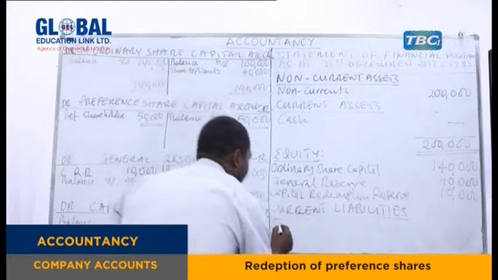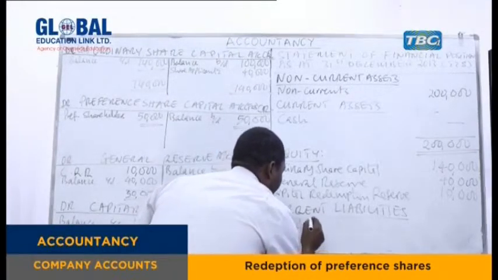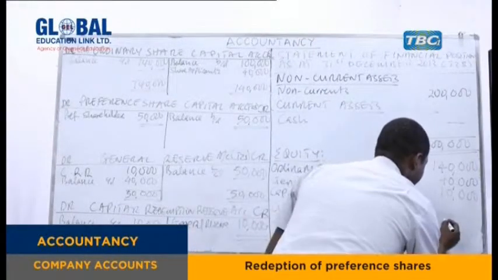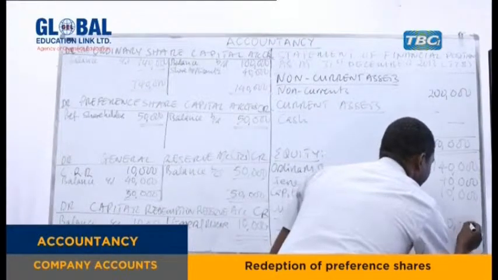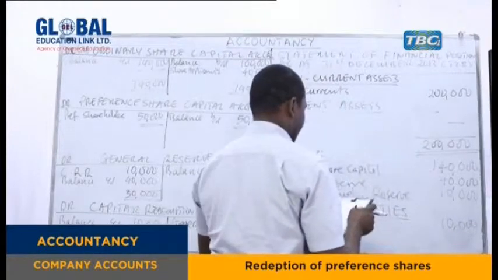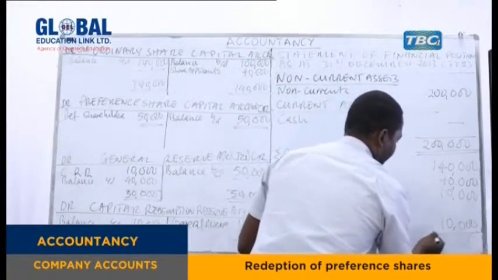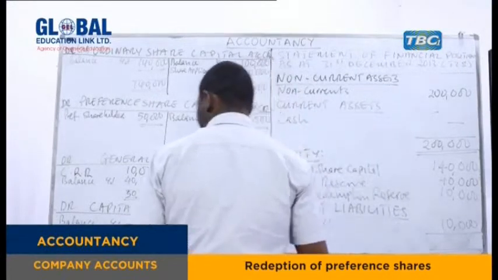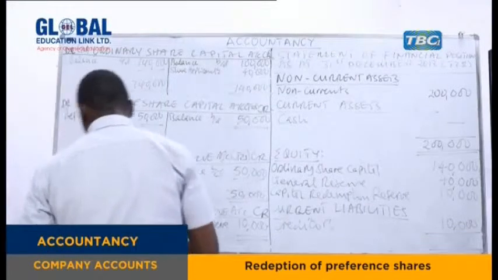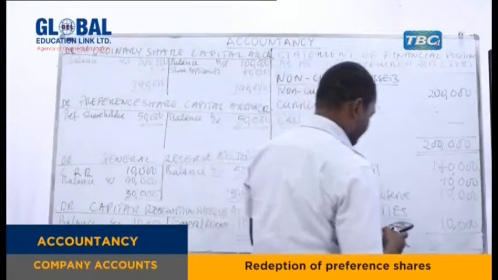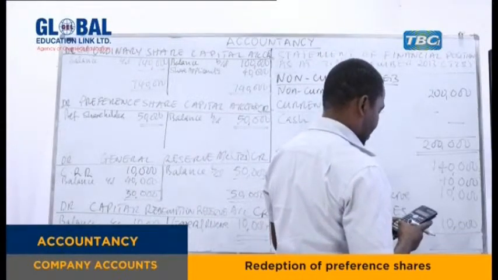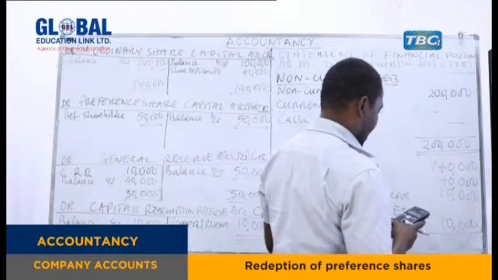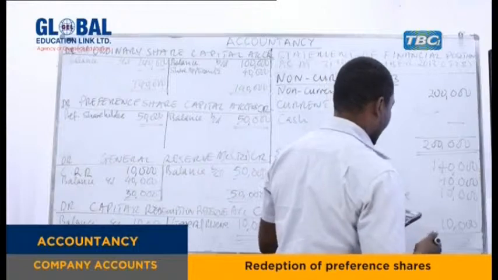In the current liabilities, we have creditors. How much for creditors? 10,000. Okay, so we have entered all the information. Let's see if it is balancing. 140,000 plus 40,000 plus 10,000 plus 10,000. Yes, it is 200.